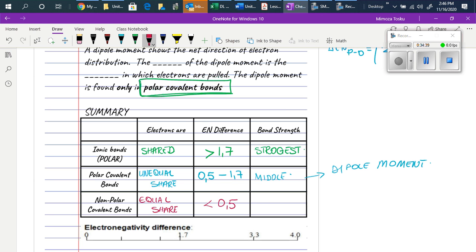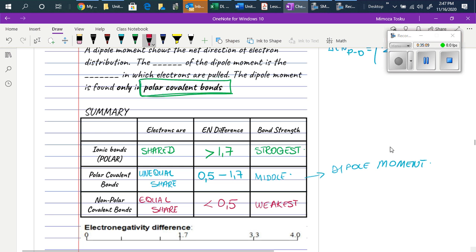In this case, the bond strength between the atoms is the weakest. So 1.7 and 0.5 are the cutoffs.